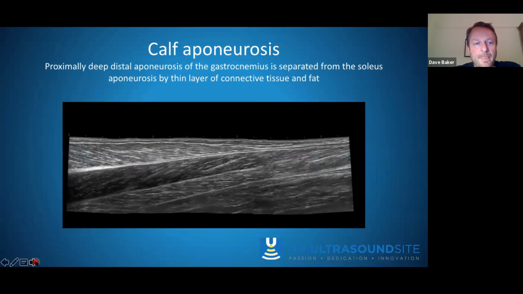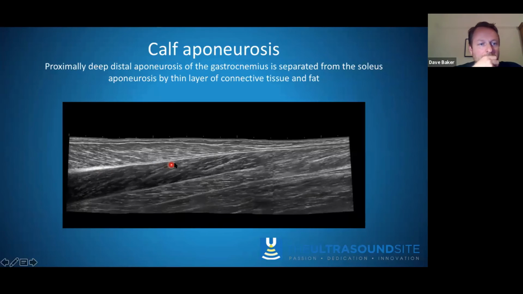So here, we've got a really nice image of the aponeurosis of the calf. Stu, if you can just run our little laser pointer along the aponeurosis.